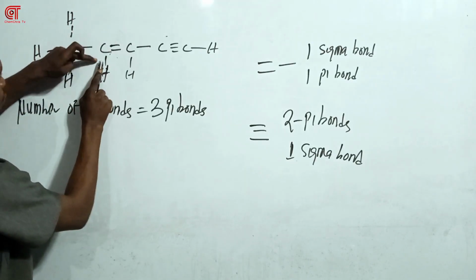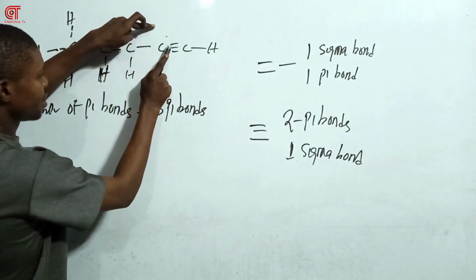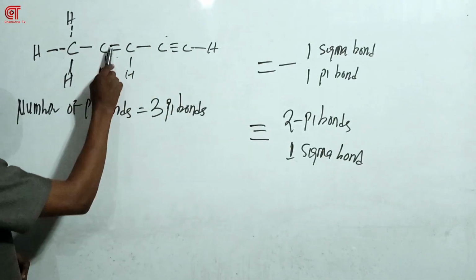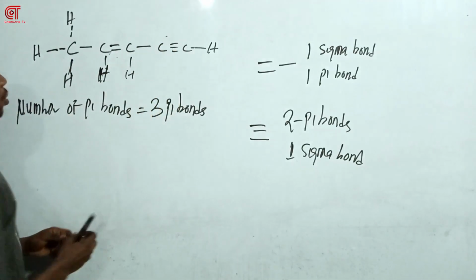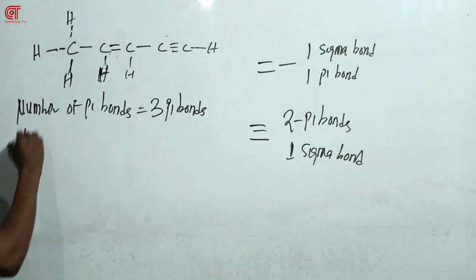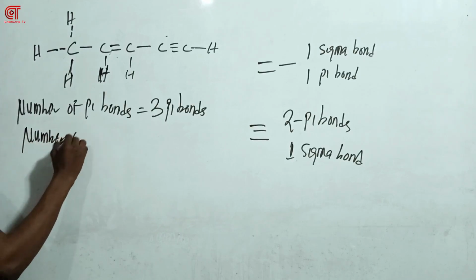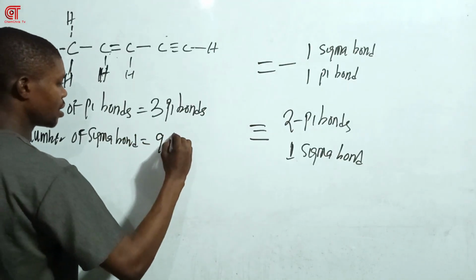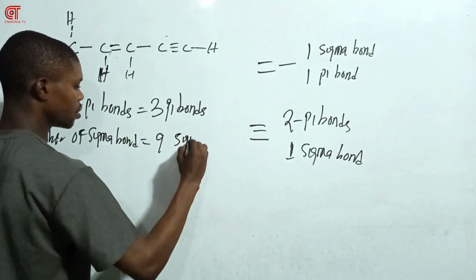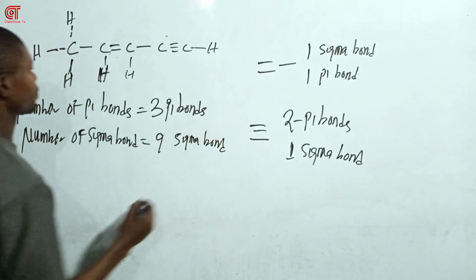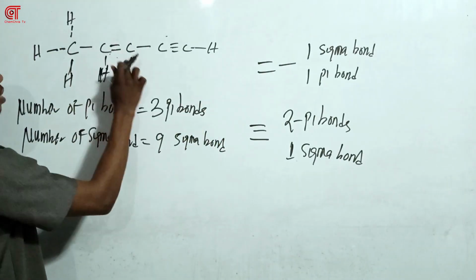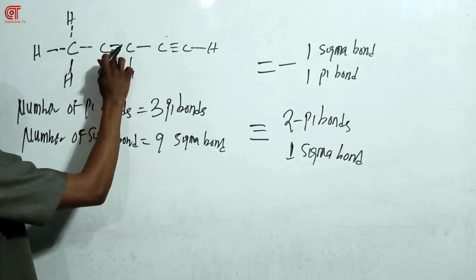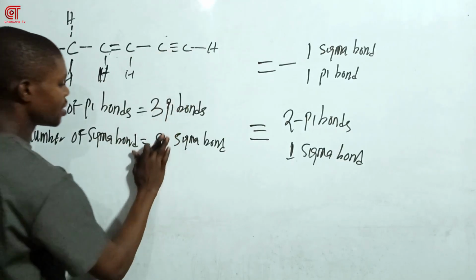So 1, 2, 3, 4, 5, 6, 7, 8, 9, 10. That is 10 sigma bonds.